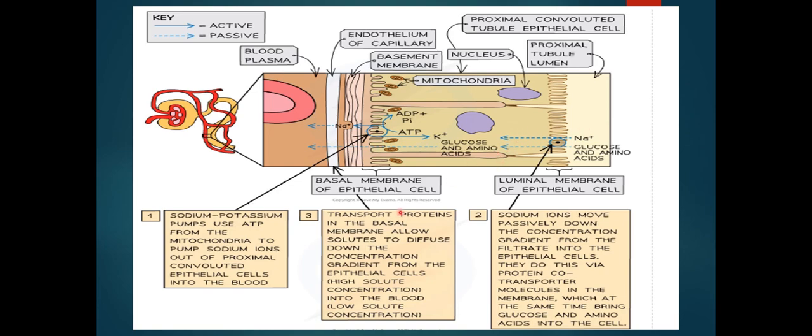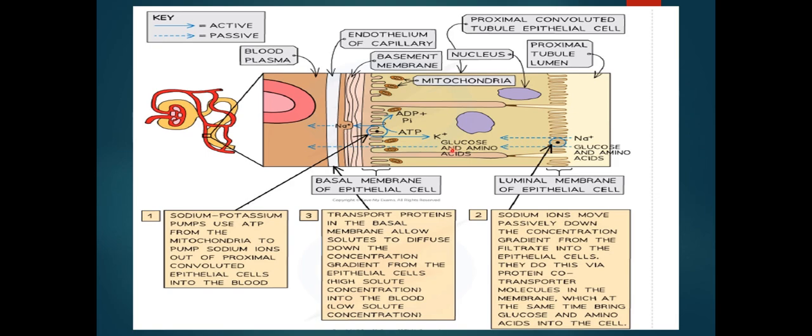There are a lot of transport proteins present on the basal membrane of these vessels. Therefore, the glucose and amino acids are transferred into the blood vessel, and this is how they are selectively reabsorbed.